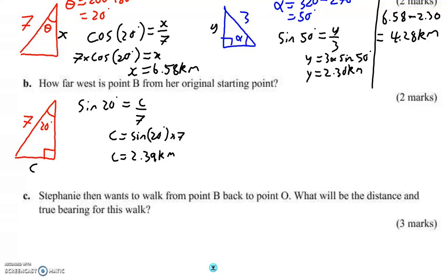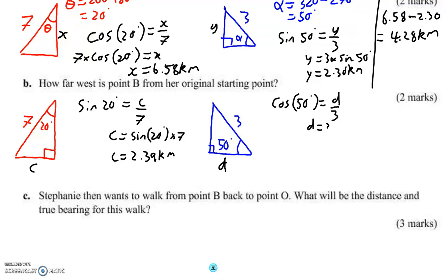Our blue triangle, we are looking at 3 kilometers. We now know that this angle here is 50 degrees. And again, we are looking for D. We can say that cos of 50 degrees equals D over 3.